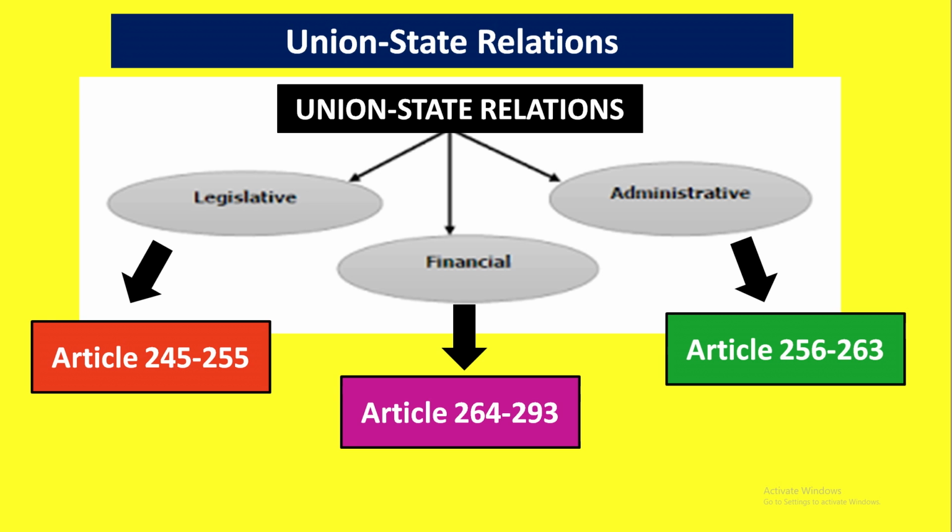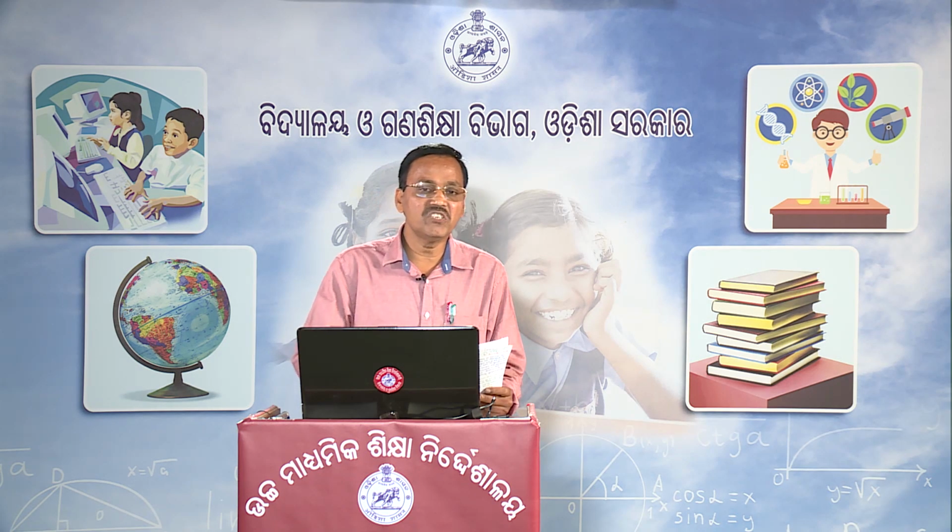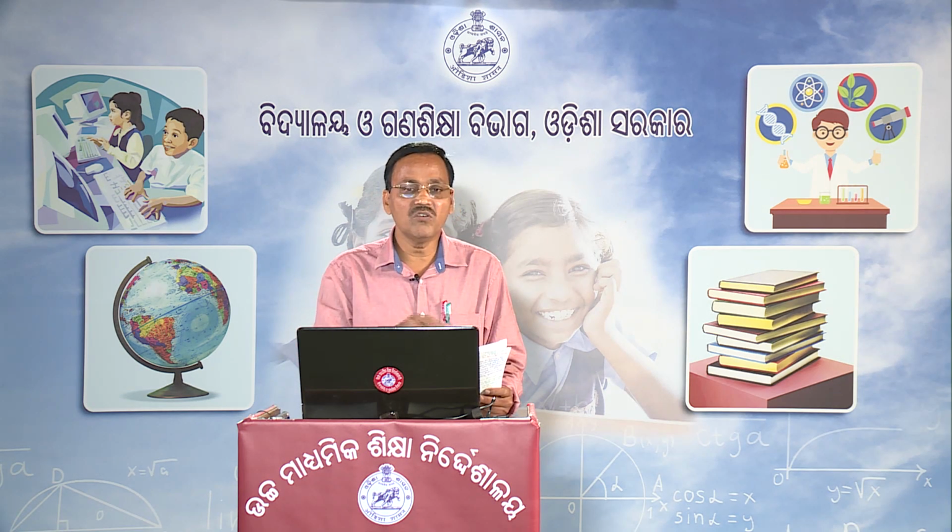In some books you will find center state relations, but that is not the correct term. In Our Constitution, written by Subhash Kashyap, the then Secretary General of Lok Sabha, he explains that we should use the concept of union state relation instead of center state relations, because union means the whole circle.